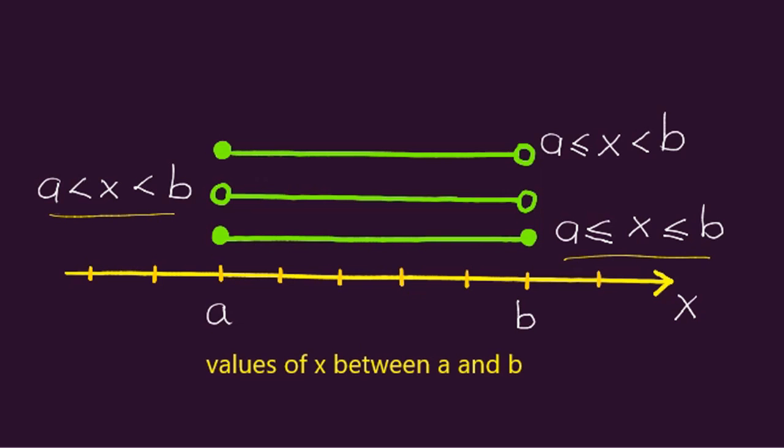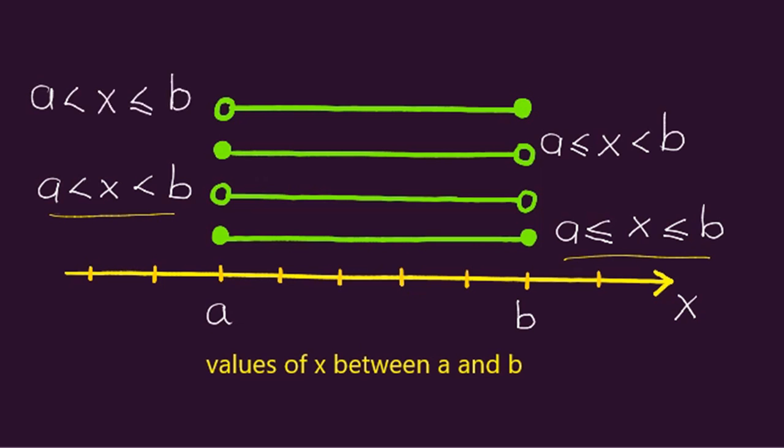Lastly, we can have our graph like this, where it's shaded on B but the circle is not shaded on A. So this is written as A is less than X and X is less than or equal to B. There is an or equal to here because B is being included in the set of values, but since it's not shaded on A, this symbol does not have an or equal to.